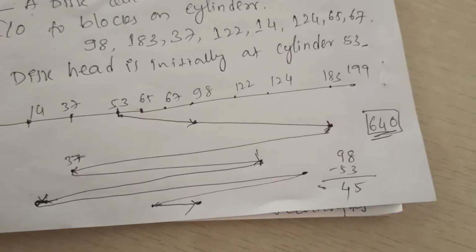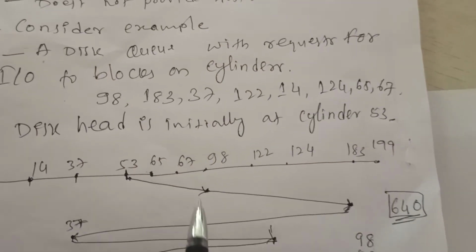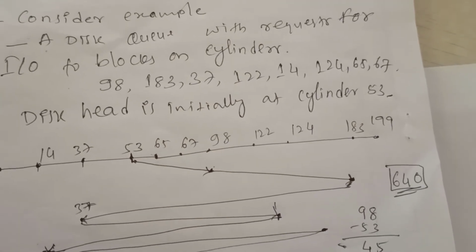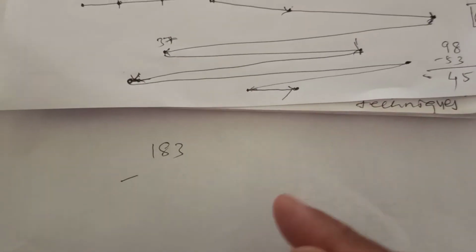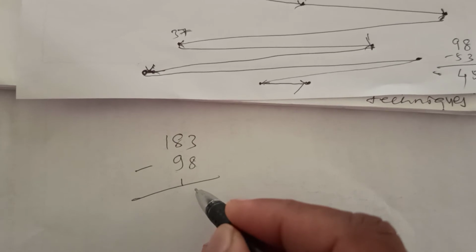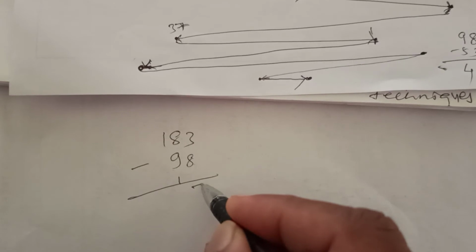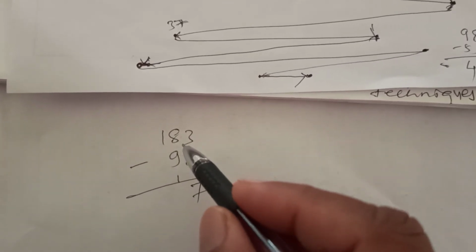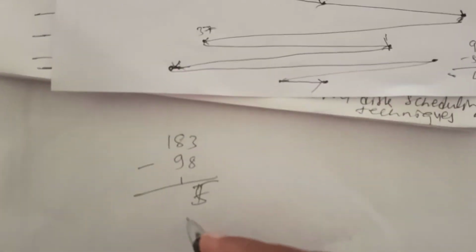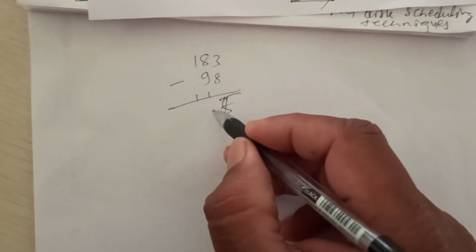We'll go on calculating one by one for the next requests serviced. Next, from 98, which request do we service? 183. So 183 minus 98 gives 85.